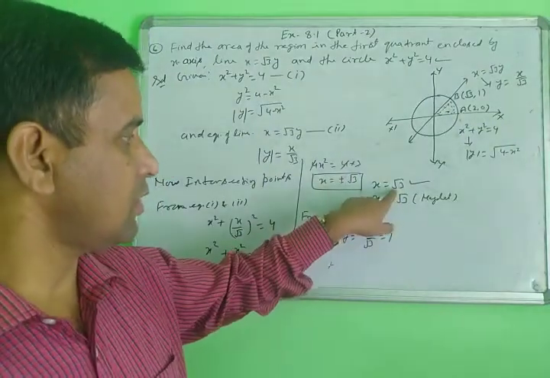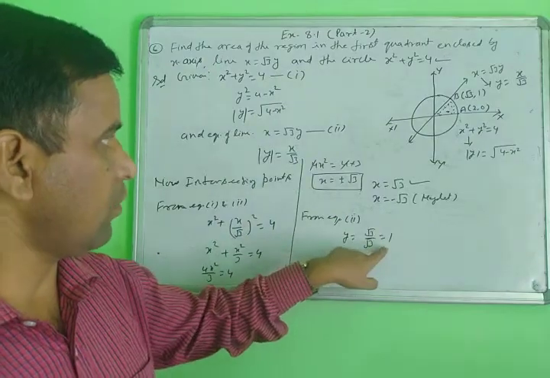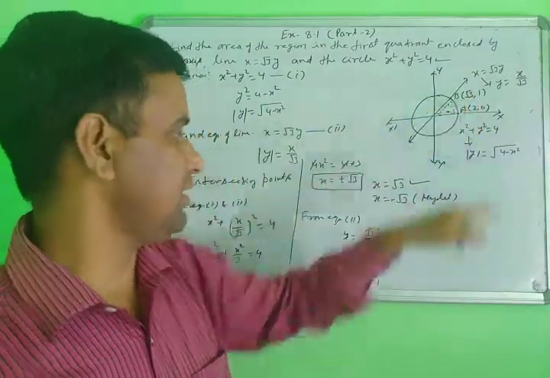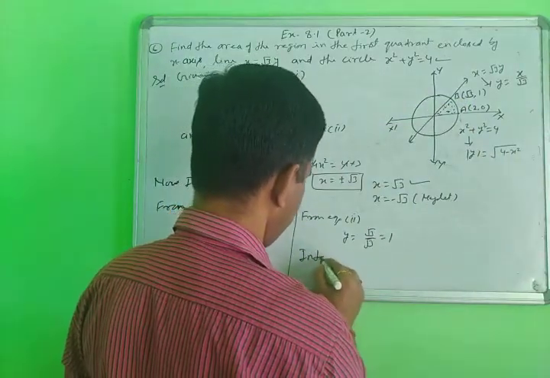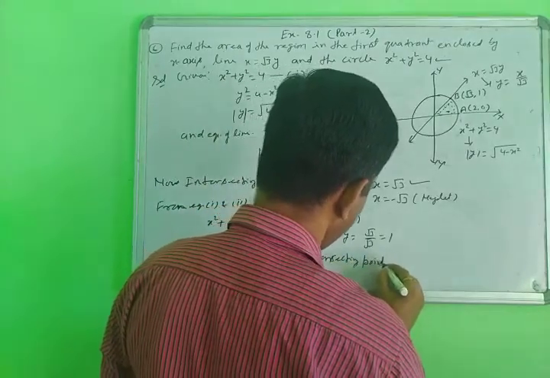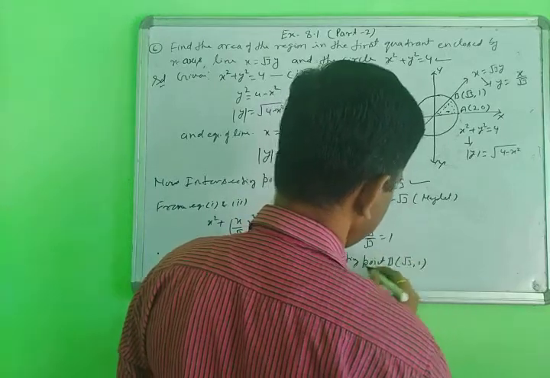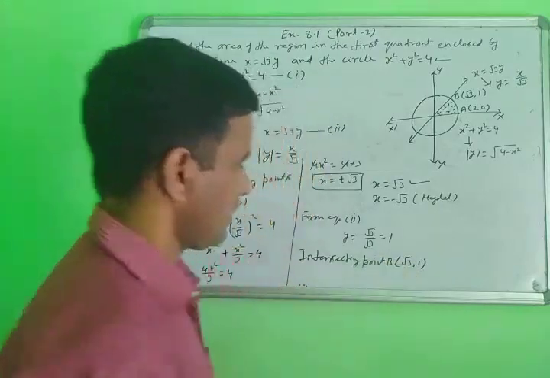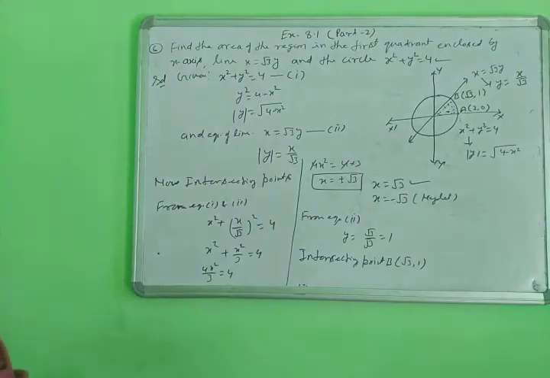When you put this value in equation second, you get the answer 1. The coordinate of the intersecting point B is root 3, 1. The coordinate of B here is root 3, 1. Then you will find the area.